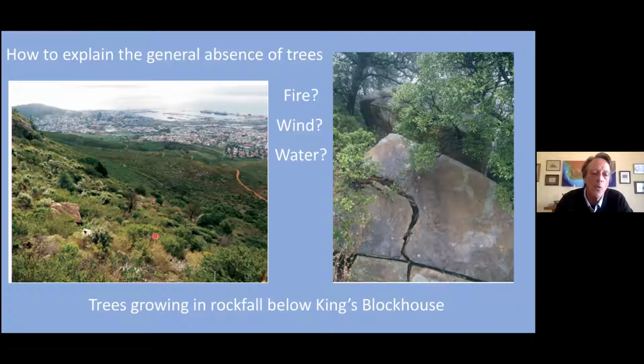And this is a north-facing slope that has no real indigenous tree growth normally or elsewhere on the slope. And then on the right, this is a close-up. It shows you these blocks of rock are as big as a small car, and they have piled up there below the cliff face. And what you see are these indigenous trees growing within this rock fall.